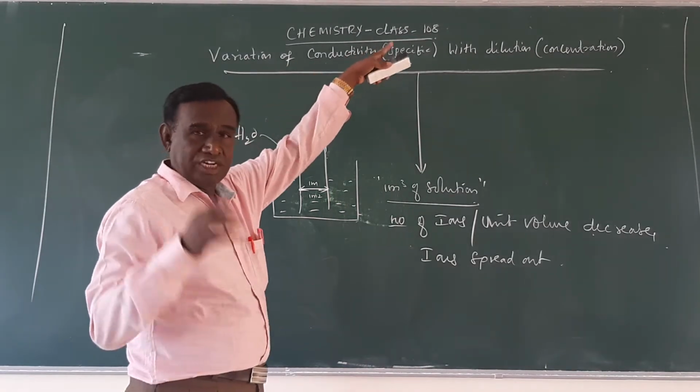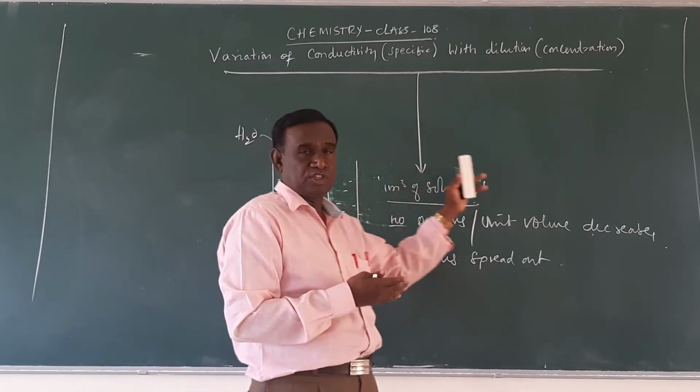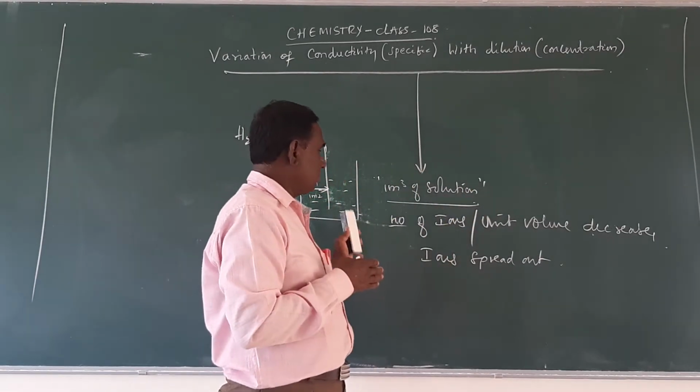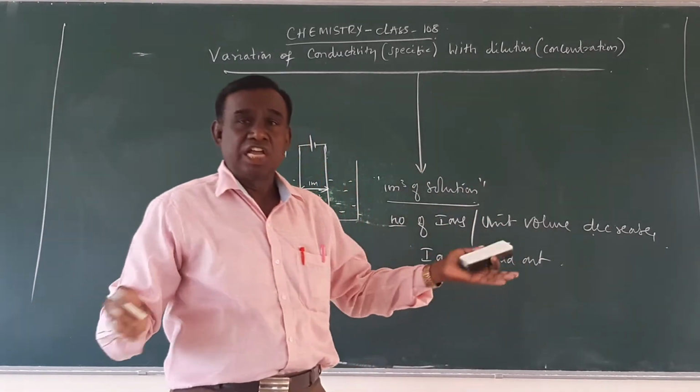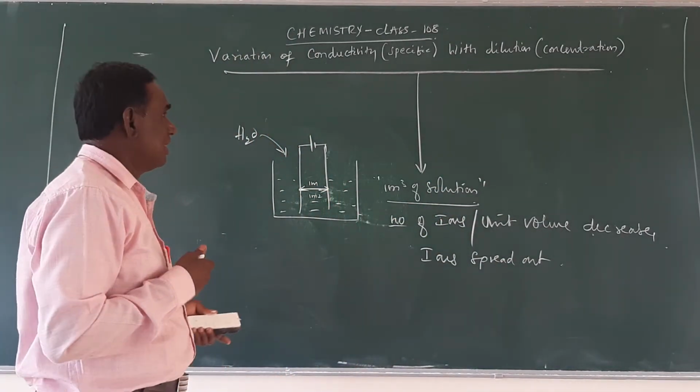Because specific conductivity is the conductivity due to the ions in 1 meter cube of the solution, if the number of ions per unit volume decreases, specific conductivity also decreases.